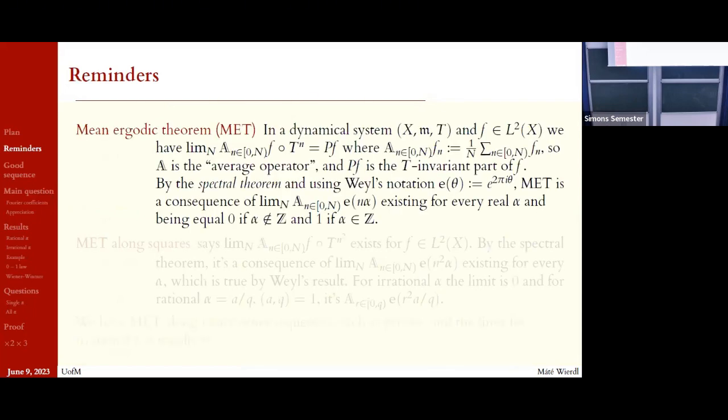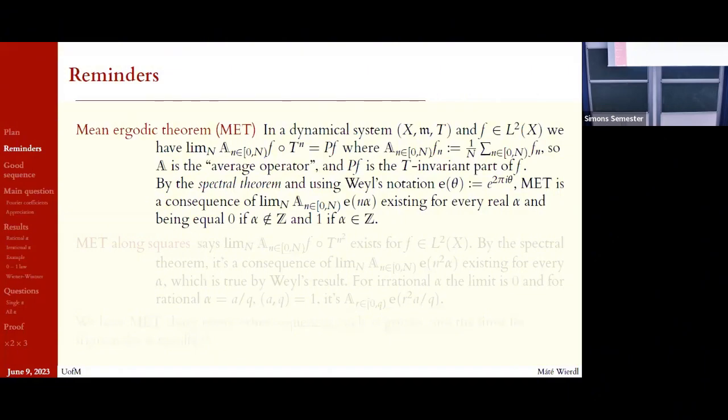The mean ergodic theorem, which I will abbreviate as MET. In a dynamical system (X, μ, T), where μ is the measure and T is the measure preserving transformation, and f in L2, the usual ergodic averages converge to the invariant projection of f. I'm using this notation for average: this is an average of a sequence f_n, and it means exactly this.